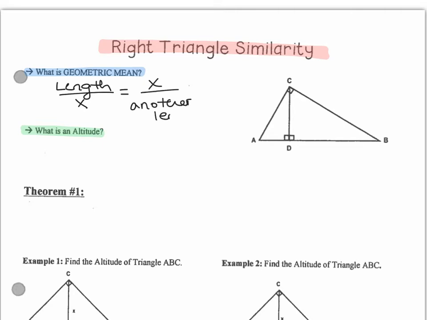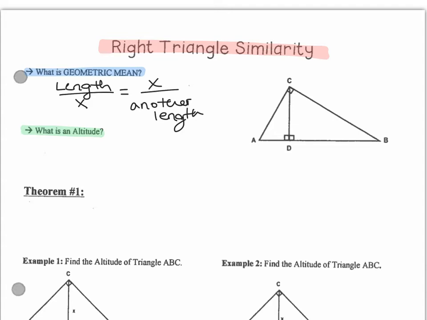That's always going to help me find the geometric mean, and I'm going to utilize this geometric mean in a few moments. So let's now talk about what an altitude is. An altitude is a segment that intersects a vertex of a triangle and is perpendicular to its opposite side.